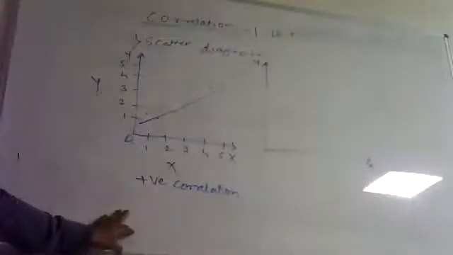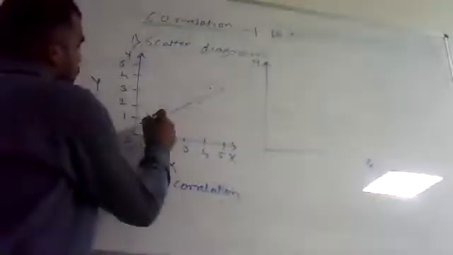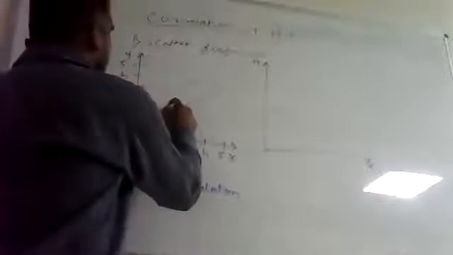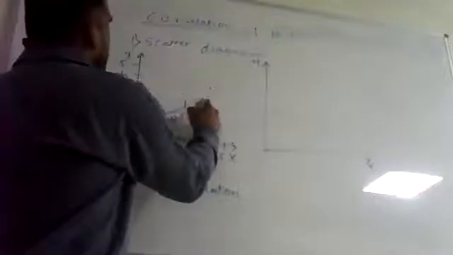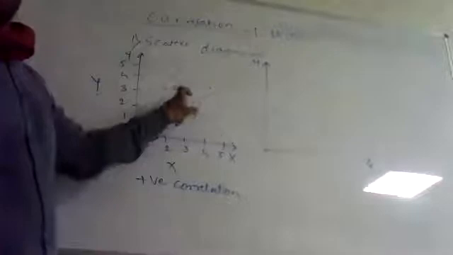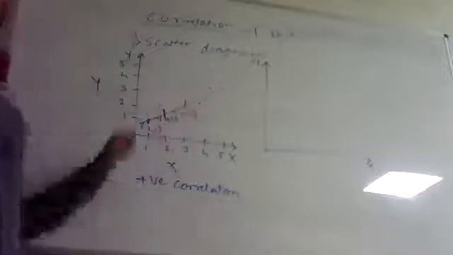Look, the value here: x variable is 1, y variable is 1. Here it is 3. When the value of x variable increases, the value of y variable is also increasing. So it is the case of positive correlation.